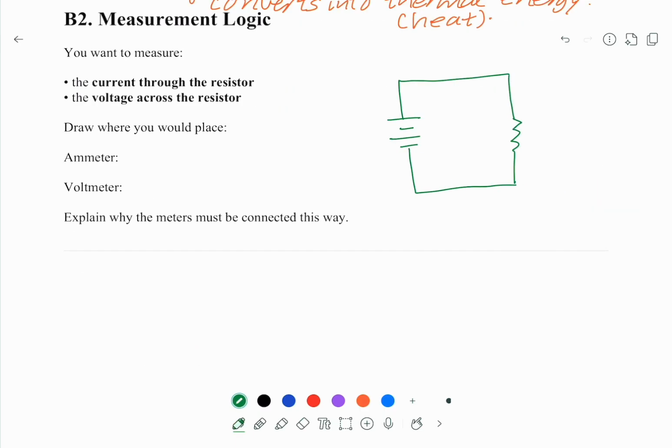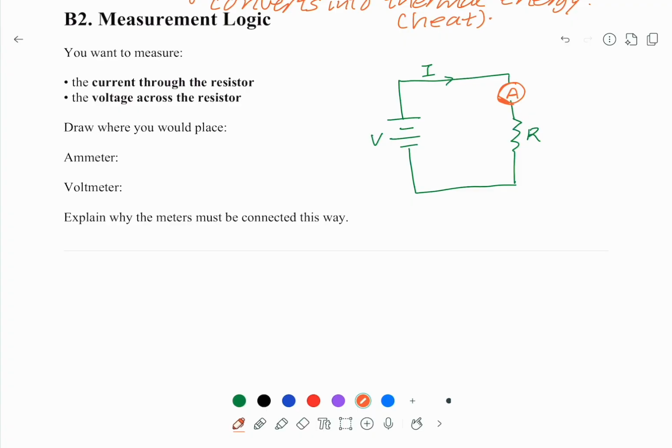Here is a simple electric circuit. This is the voltage V, this is R, and this is I. Now, if you want to measure the current through the resistor, you must disconnect the wire and insert the current meter, and we put A here in between.